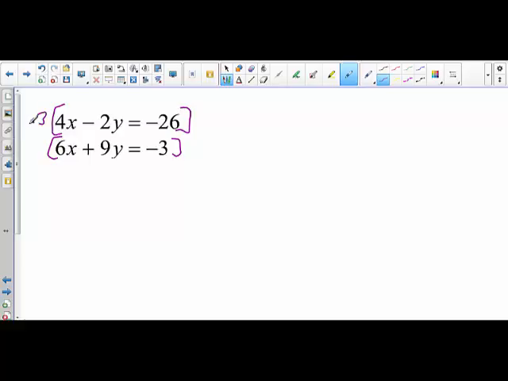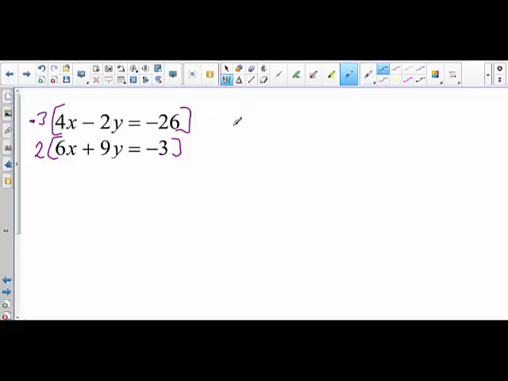If I do that, I'd multiply everything by negative 3. And in which case, I would turn around and multiply the bottom one by 2. If I wanted to make the top one a positive one, then I'd need to make the 2 a negative. Okay? I want to make them the same coefficient but opposite signs.